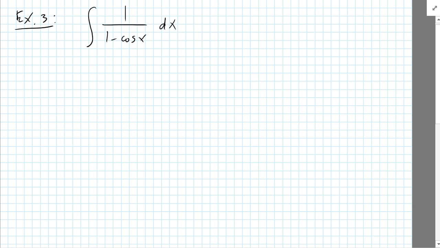And you look at it and you know it's going to be a problem because there's no sine x in the numerator. So no u sub. U sub will not work.